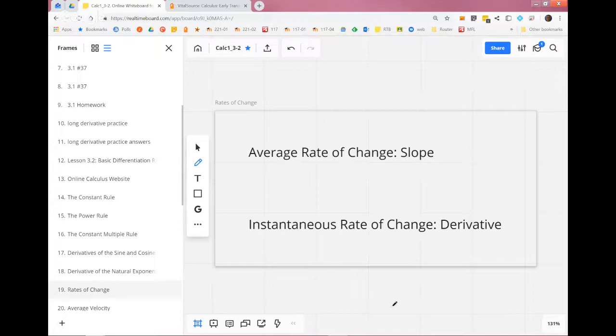So with a derivative, you've got the formula for the slope at any point. Average rate of change just takes 2 points and does the slope formula. Instantaneous rate of change, when you find the derivative, gives you the formula for the slope at any value of x.